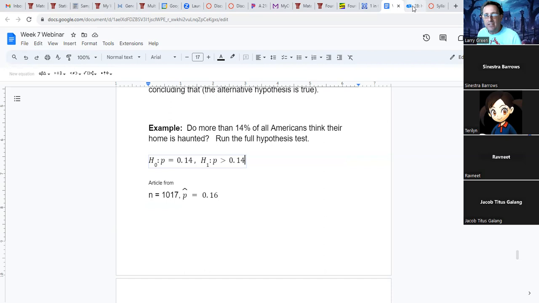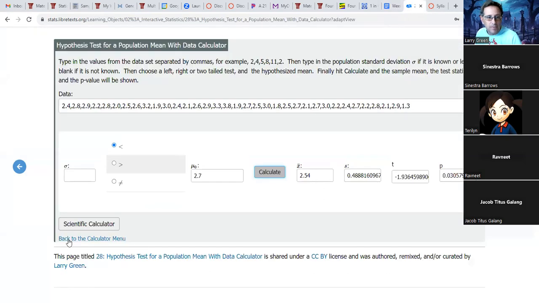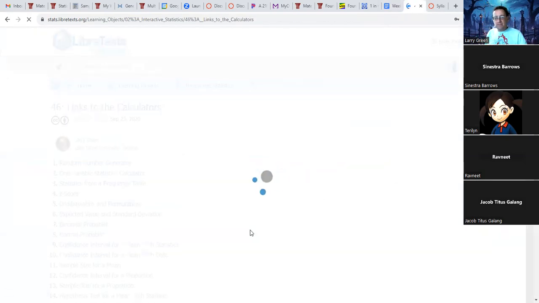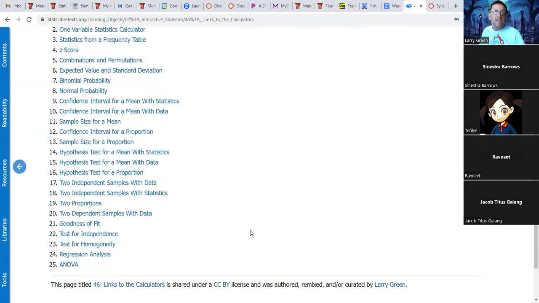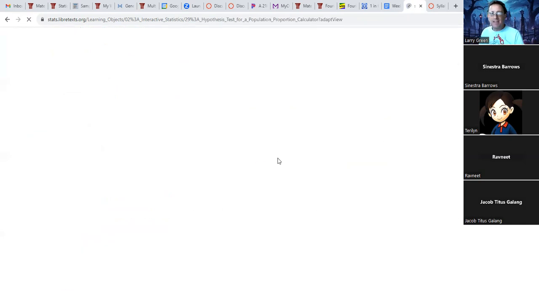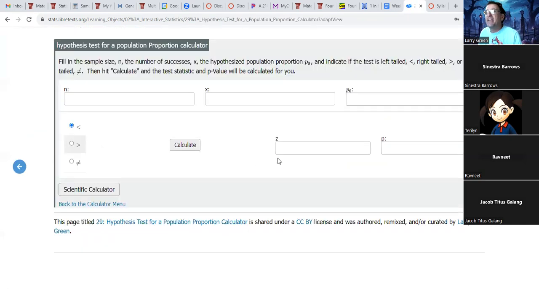So now let's go back to the calculator menu. Which calculator should I use? Yeah, this is calculator 16, hypothesis test for a proportion, because it's a yes/no survey question. We have a P in our H naught.